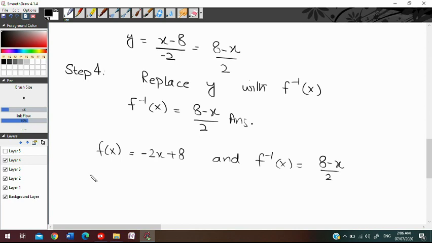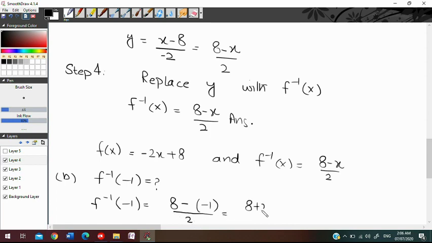Okay. Now we have to find its b part. The b part was that we have to find the inverse at point minus 1. f inverse of minus 1 is 8 minus minus 1 divided by 2, which is 8 plus 1 divided by 2, and the answer is 9 by 2. 9 by 2 is our answer.